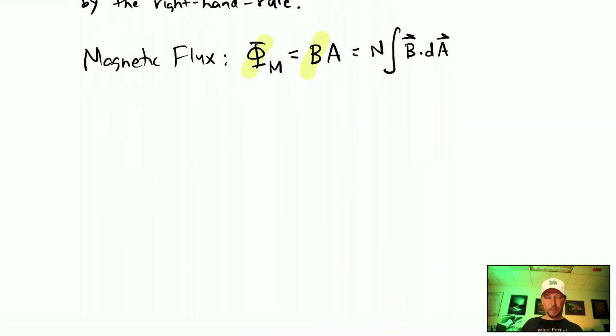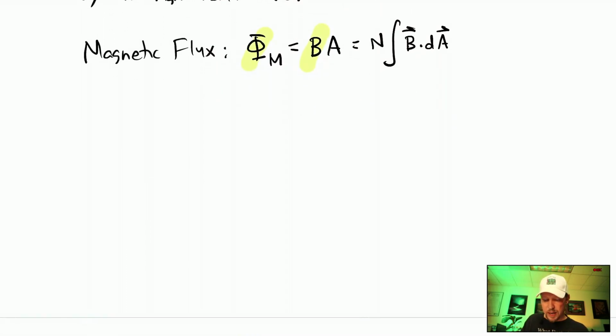So let's write down what the relationship here is. The magnetic flux is proportional to the magnetic field. The magnetic field is proportional to the current, right? And this is where the kicker is. Since the magnetic flux is proportional to the magnetic field and the magnetic field is proportional to the current, the magnetic flux is also proportional to the current.